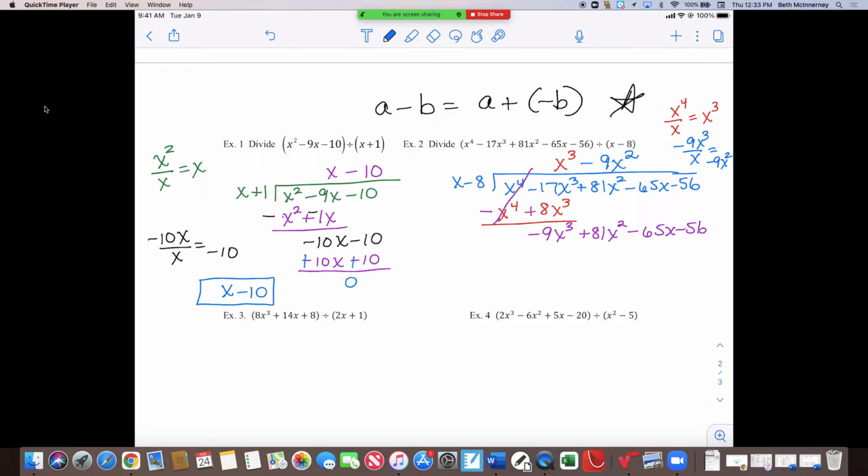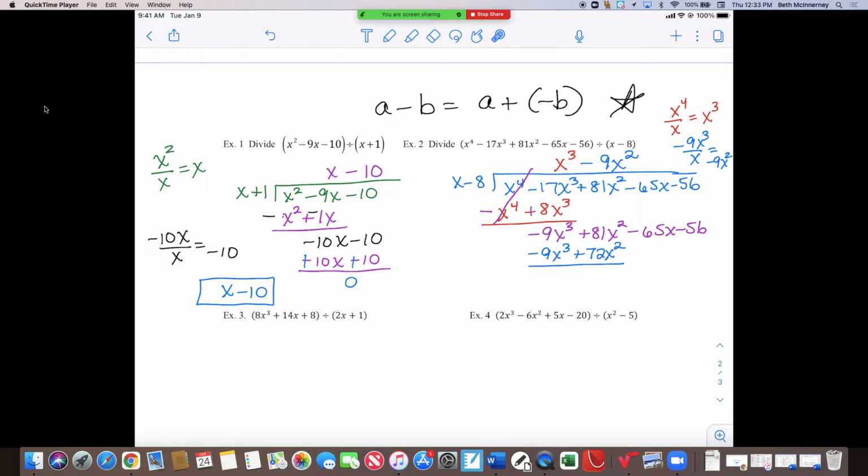Then I'm going to distribute that and get negative 9x cubed plus 72x squared. Yeah, Davey? Okay, I took the minus 9x squared and I distributed it across the x and the minus 8.